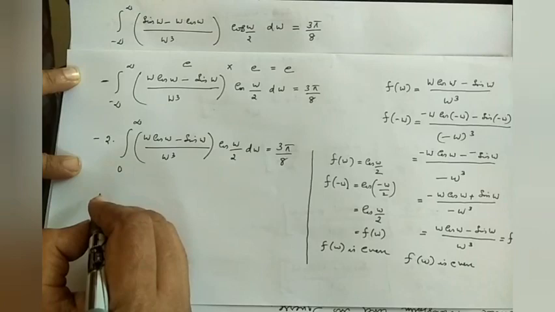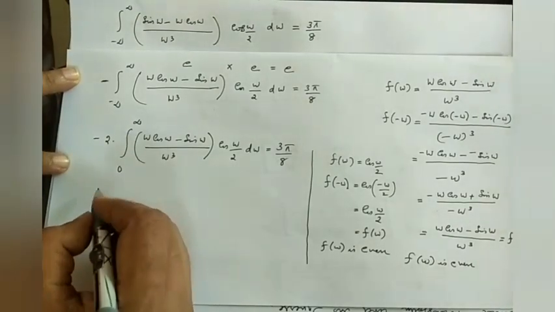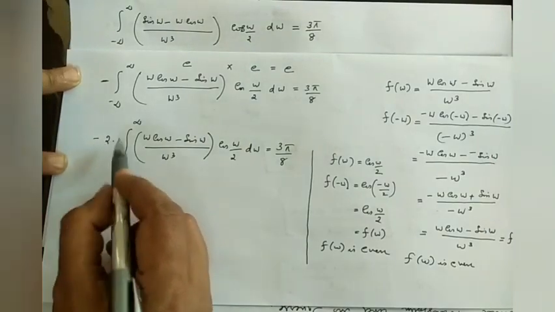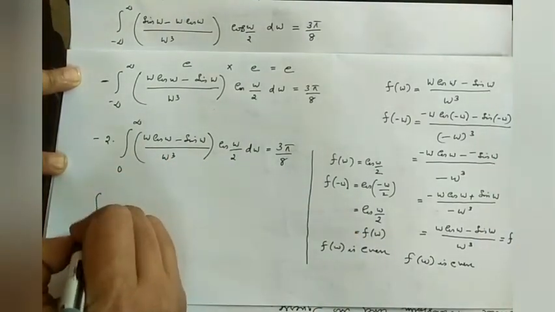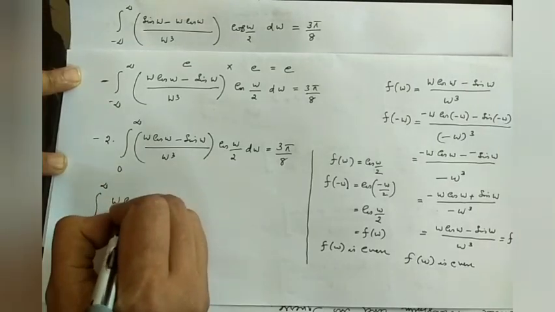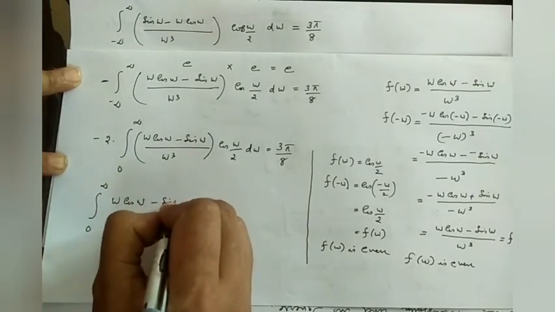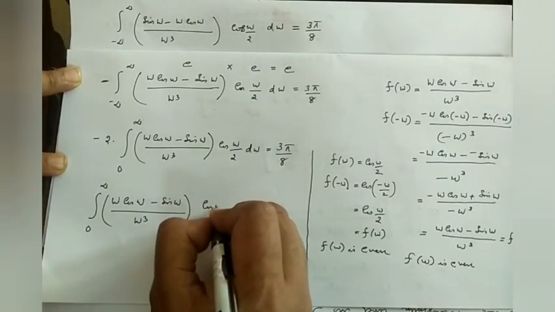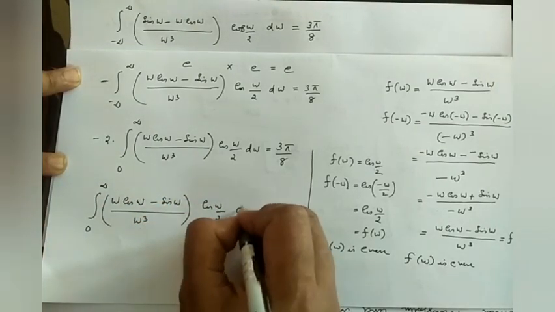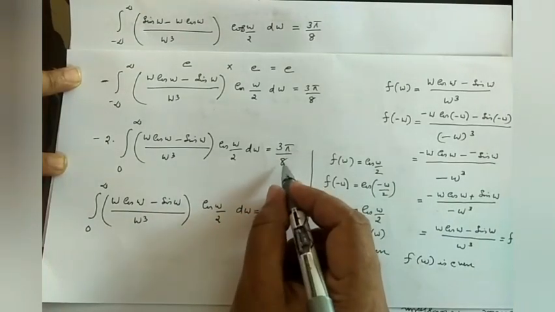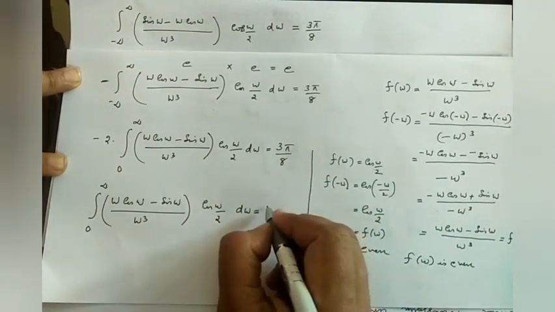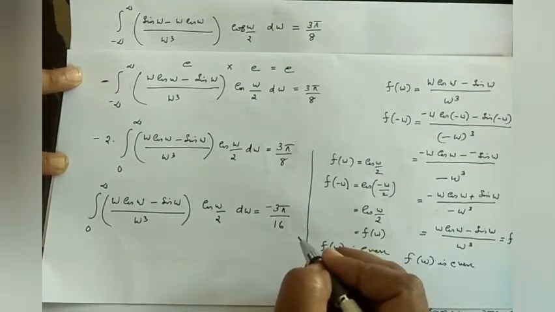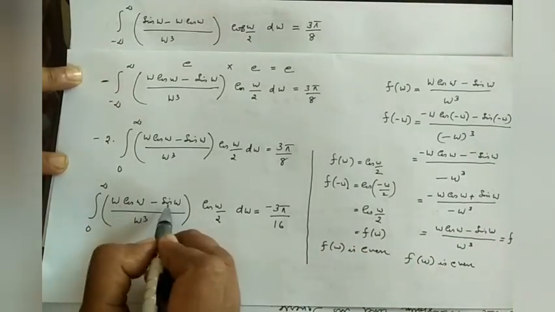Now multiplying this minus 2 here, therefore integral from 0 to infinity (omega cos omega minus sin omega) by omega cube into cos omega by 2 d omega is equal to 3 pi by 8 into minus 1 by 2, that is minus 3 pi by 16.